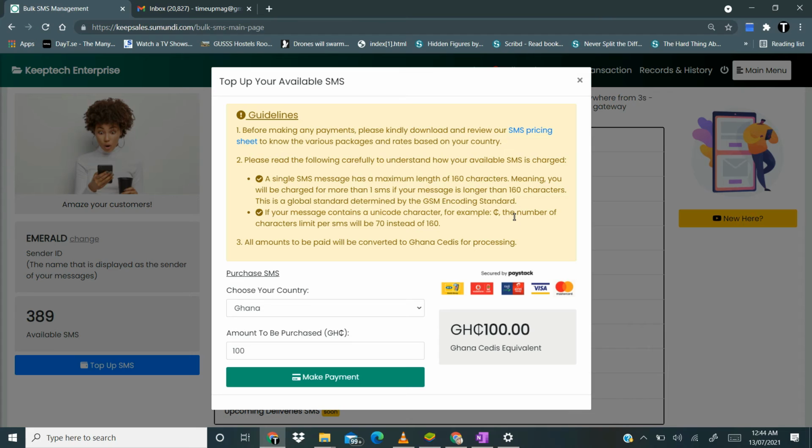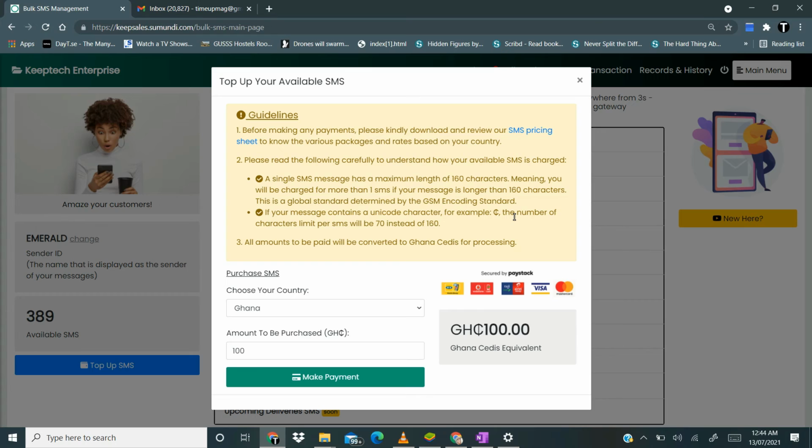So if you are typing, let's say, GH series, G is one character, H is one character, the CD or whichever symbol that you use is 70 characters. So with the example I just used, that is 72 in total.